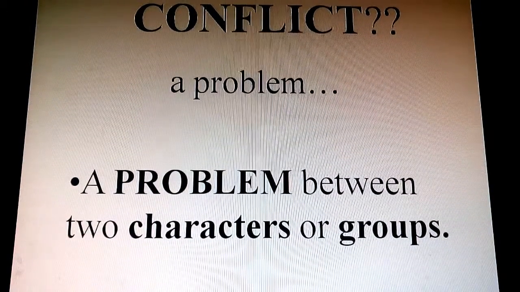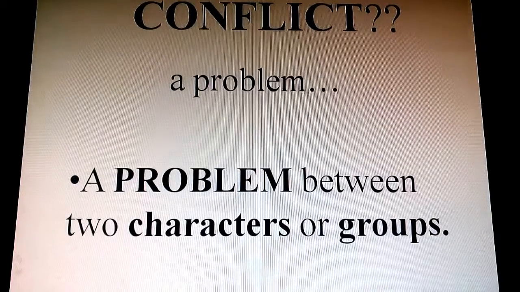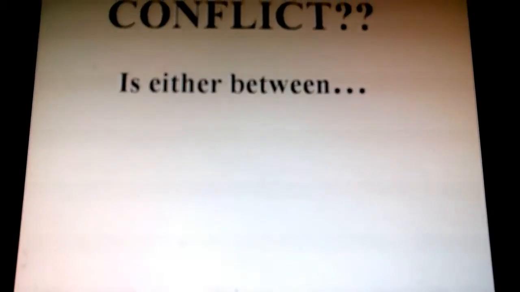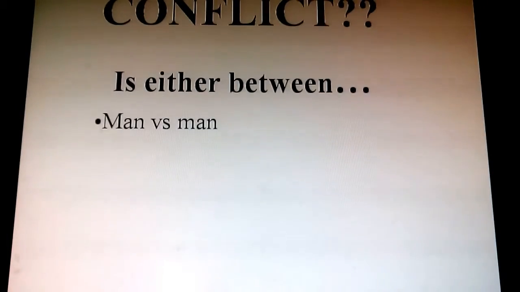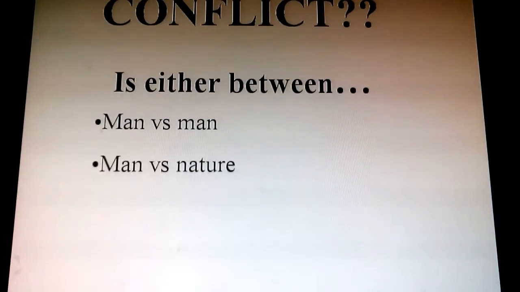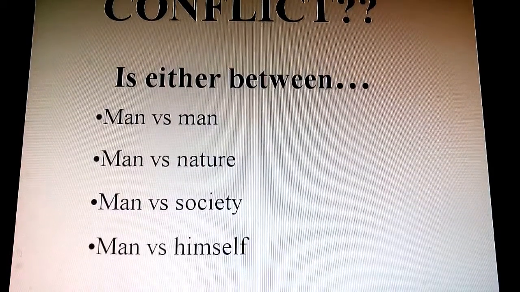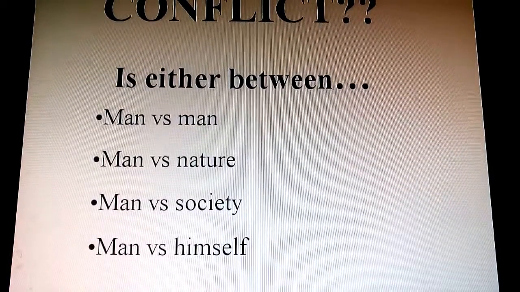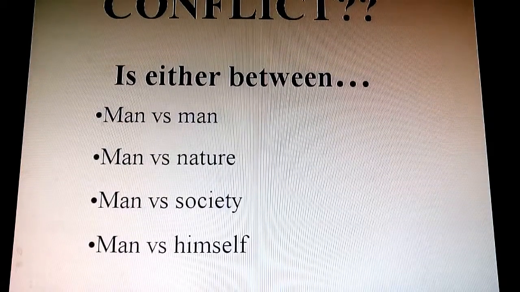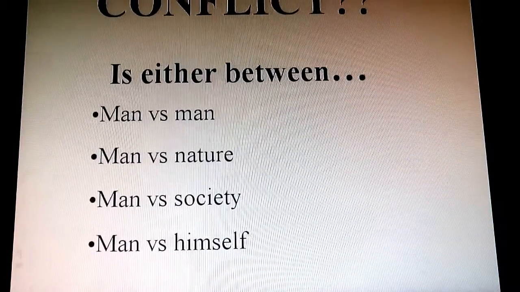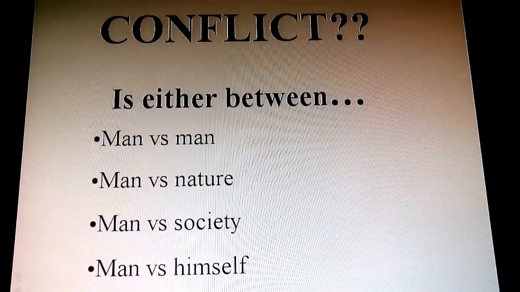Next is the conflict, the problem. It is a problem between two characters or groups. There are mainly four kinds of conflicts: man against man, man against nature, man versus society, and man versus himself. Any story should have at least one of these conflicts present in order to be a good story.